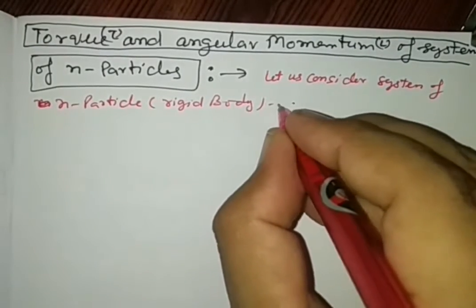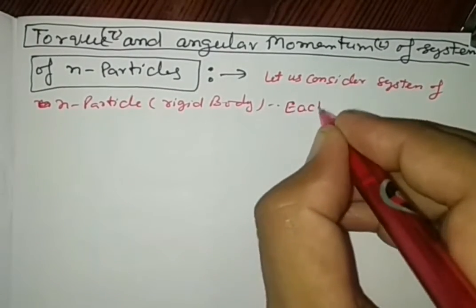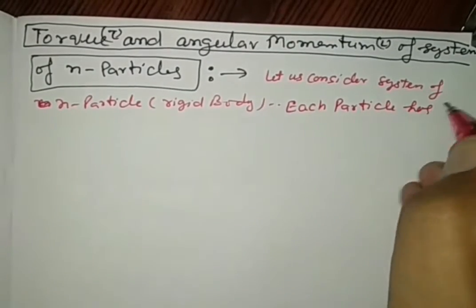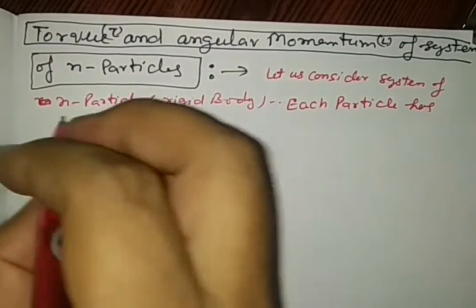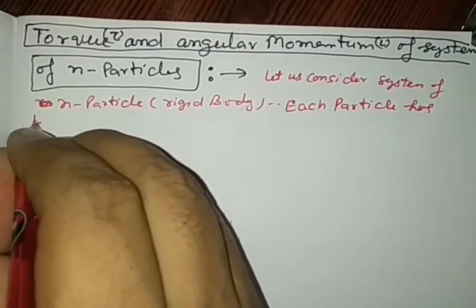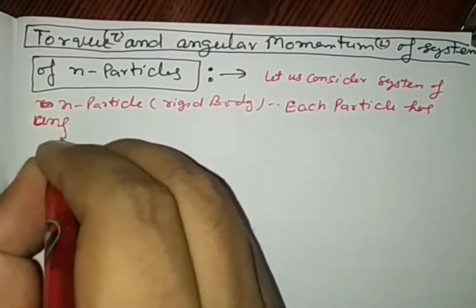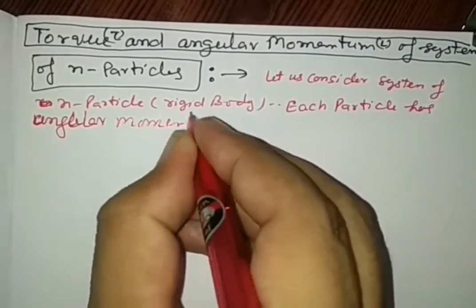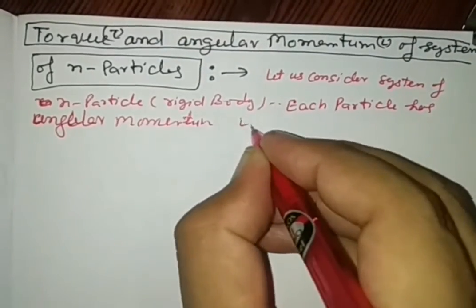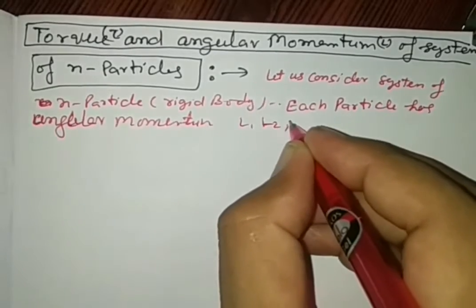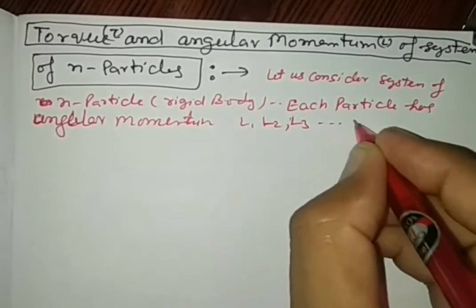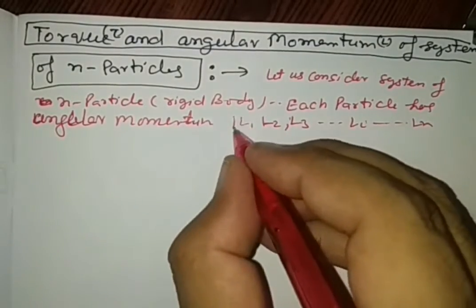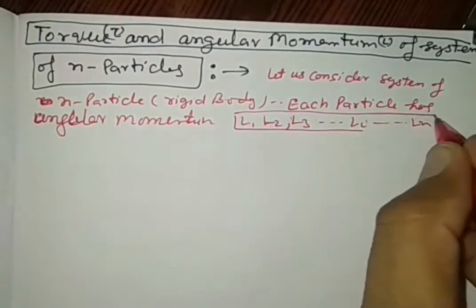So each particle has angular momentum L1, L2, L3, Li up to Ln, because there are n particles.